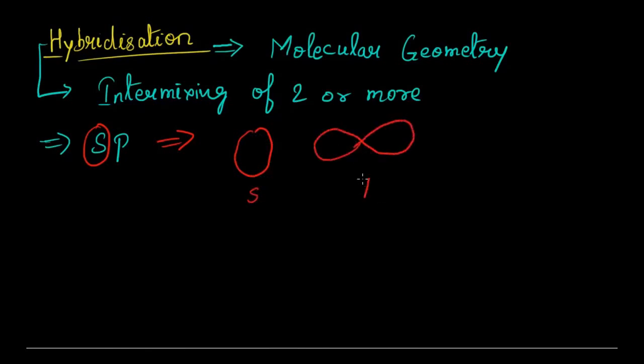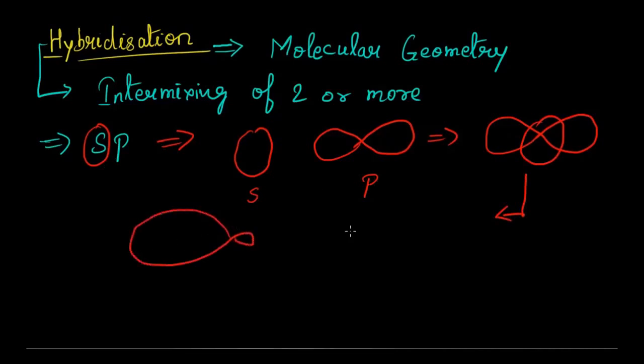They both mix together and give me two hybrid orbitals, and it looks like this. There will be a bigger lobe. So this is one sp hybrid orbital and this is the other sp hybrid orbital.